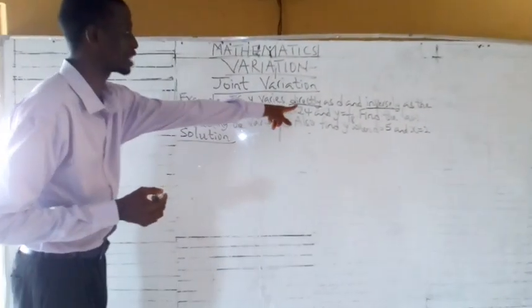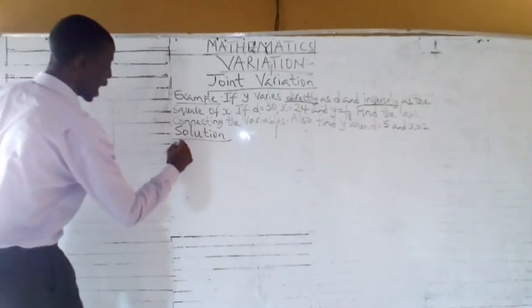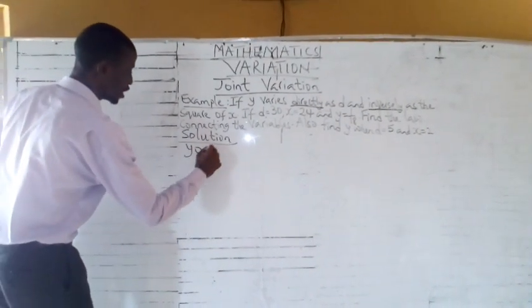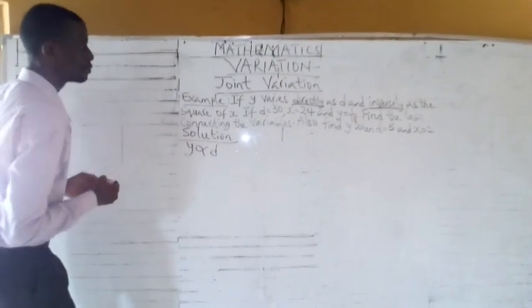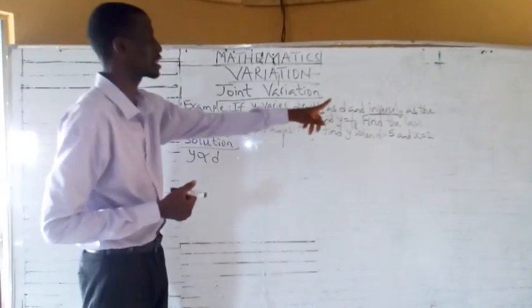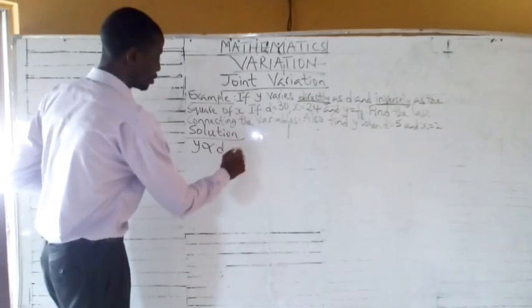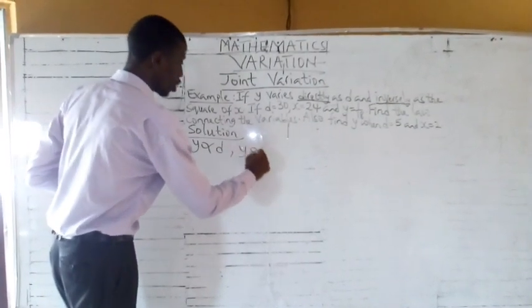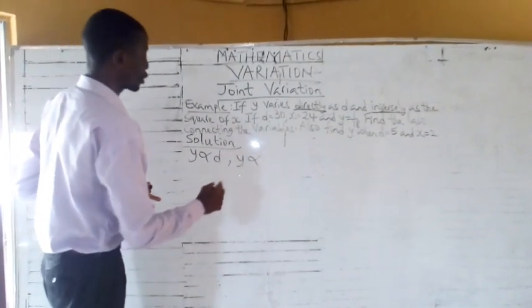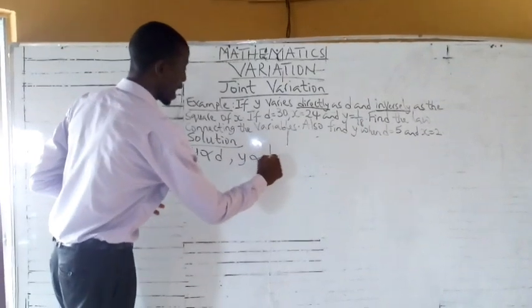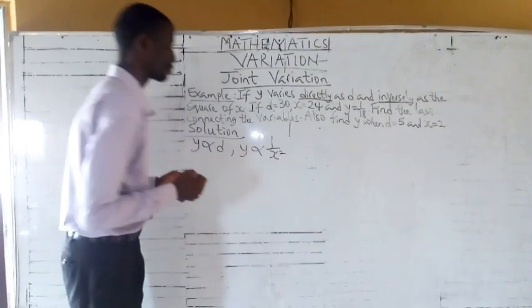Y varies directly as d, and inversely as the square of x. Y is also inversely proportional to x squared.